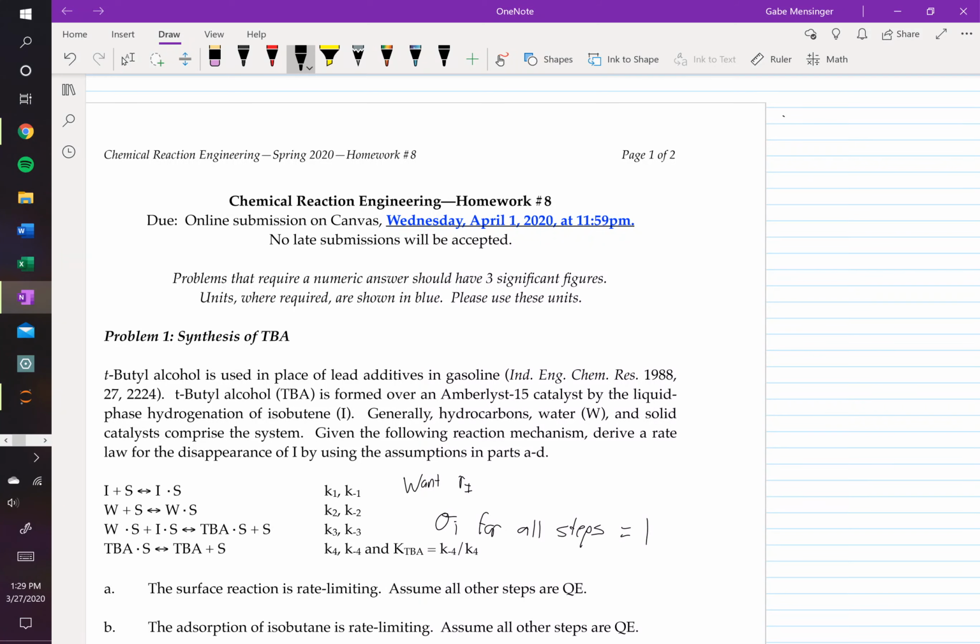Okay, so part A. Part A assumes that the surface reaction is the rate limiting step, and we assume all other steps to be QE. In this case, the surface reaction, the step that's actually giving us the TBA, is step 3. So we can say that R3 is equal to RI.